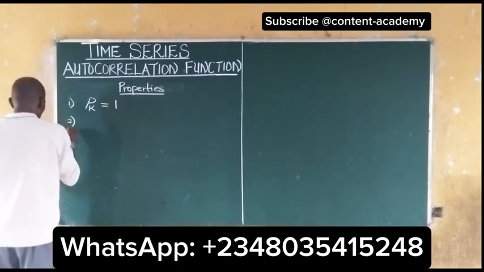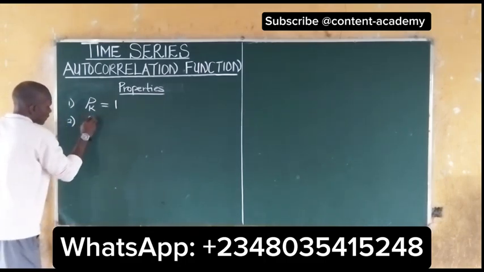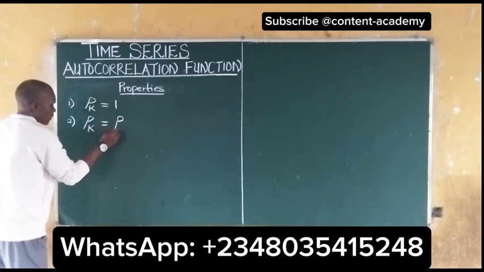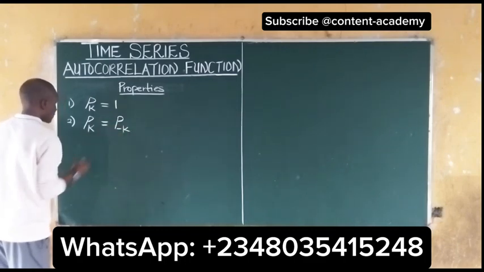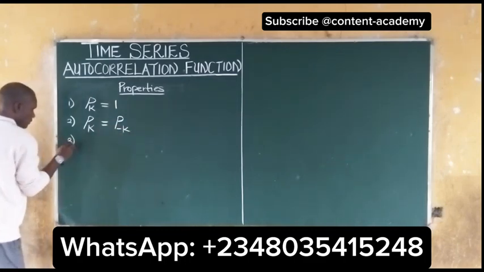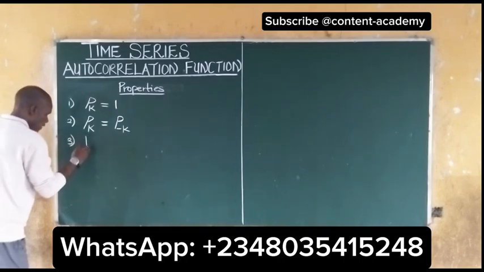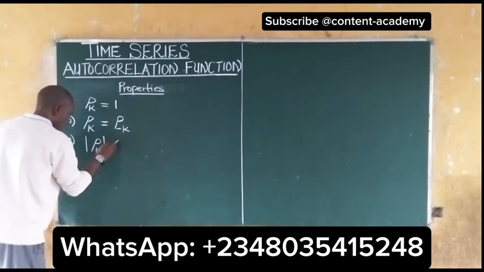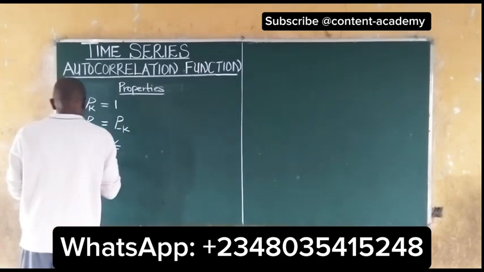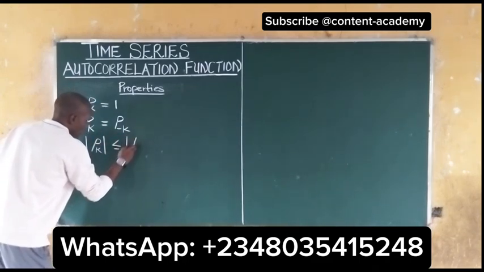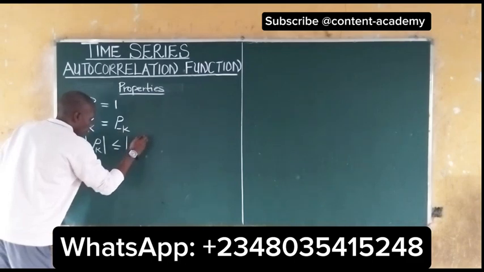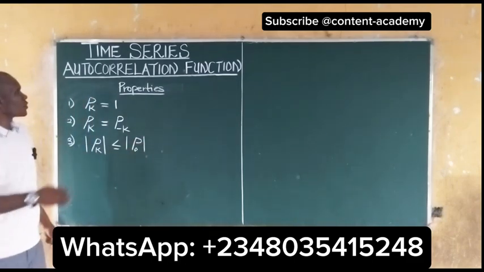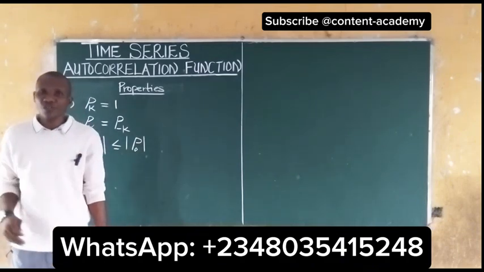The second property is that the ACF at k is equal to the ACF at -k. And the third property of the ACF is that the ACF at k is less than or equal to the ACF at naught. So these are the three properties of the autocorrelation function.